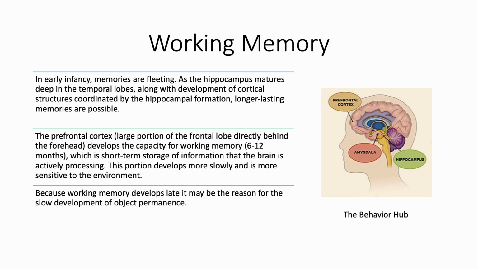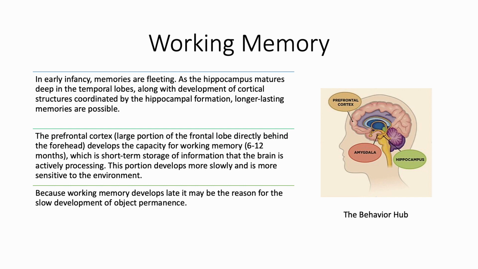Working memory. In early infancy, memories are fleeting. As the hippocampus matures deep in the temporal lobes, along with development of the cortical structures coordinated by the hippocampal formation, longer-lasting memories are possible.